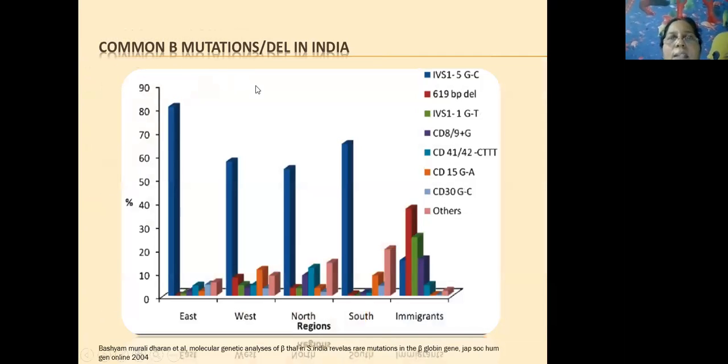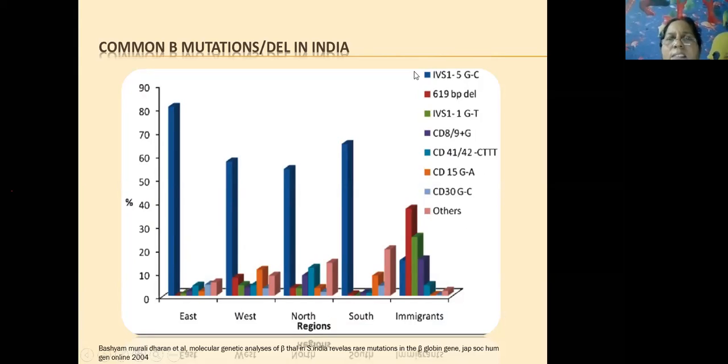So these are the common mutations in India. Mutations and deletion: IVS1-5 G>C, 619 bp deletion, IVS1-1 G>T, and codon 8, codon 41, 15 G>A. All these are common mutations in India, and it varies from region to region also.